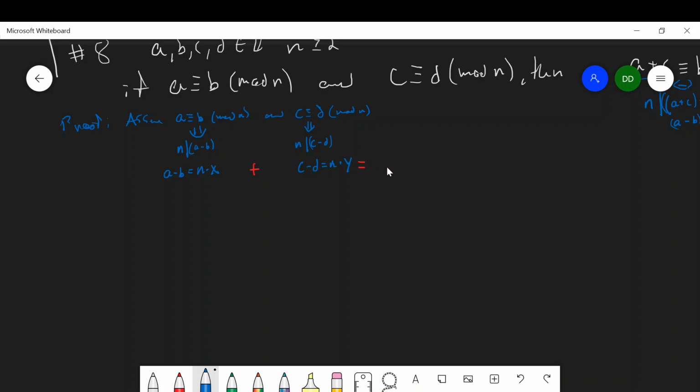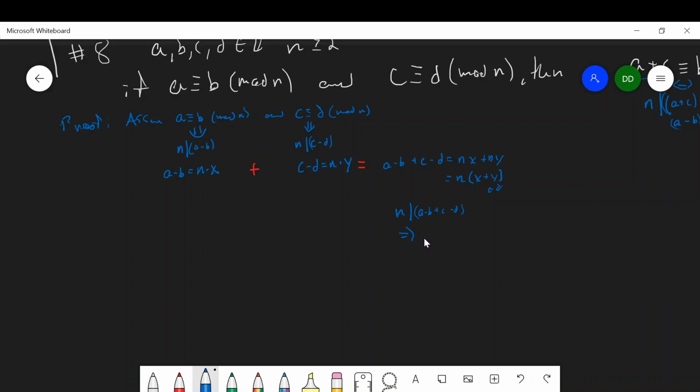It follows that A minus B plus C minus D is equal to nx plus ny. And so I can factor n out. X and y are integers, so x plus y is an integer. And so n divides A minus B plus C minus D.